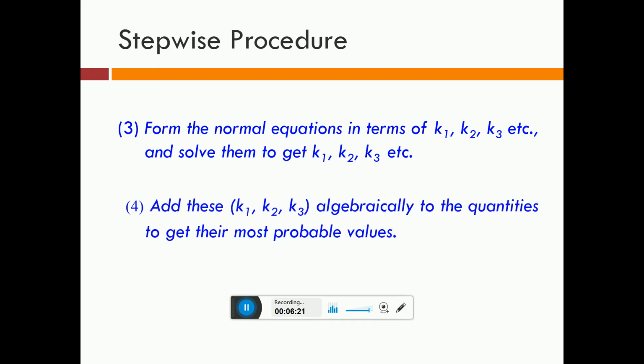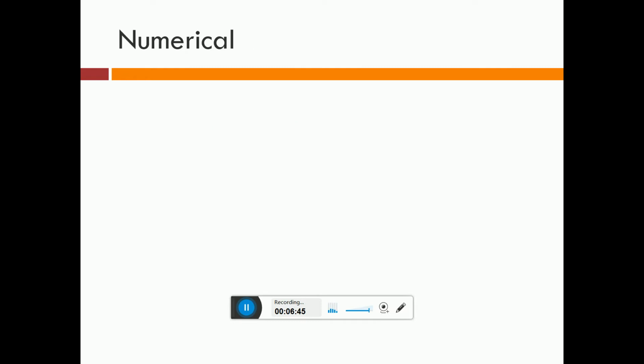Then after getting the values of K1, K2, K3, add these corrections algebraically. So it may be positive, it may be negative. Add these corrections to the respective quantities to get their most probable values.